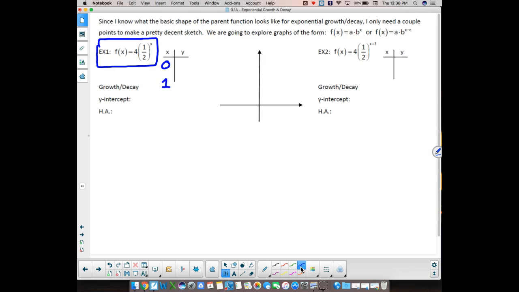Okay? You'll see what I mean when we get to example number 2 with why we have to ask that question. Okay? So if I put 0 into that function, 1/2 to the 0 power is 1 times 4 is 4. 1/2 to the first power is 1/2 times 4 is 2.